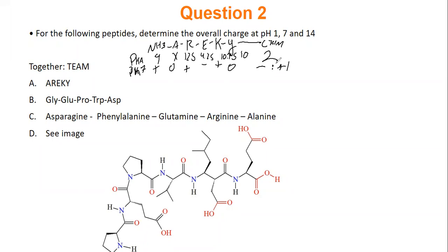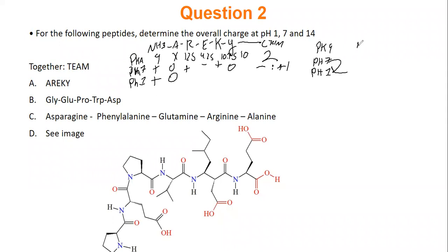All right, pH of 1. I'm going to play the same game. For the N terminus, pKa 9, pH 7, pH 1: it never passes, so the charge stays the same. A doesn't have a pKa, so that will never change.